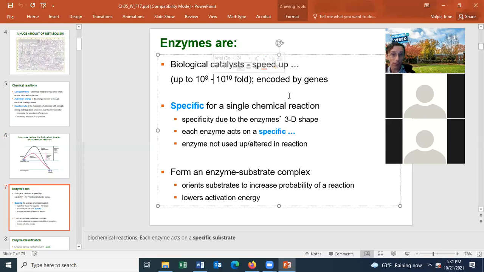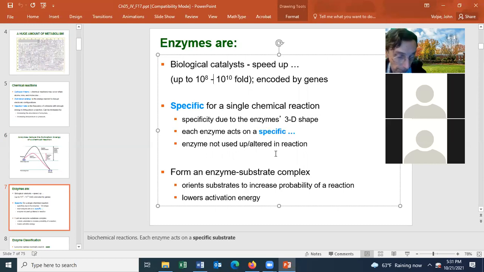Enzymes are specific for performing one single chemical reaction. The specificity is due to the enzyme's three-dimensional shape. And I'll talk a little bit more about that. For this class, we're going to talk about enzymes a little bit oversimplified.